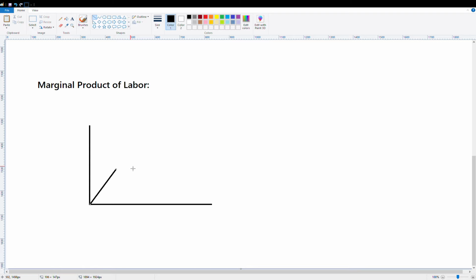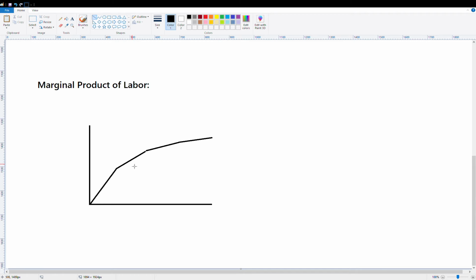If I add another person, they're going to produce a bit more, right? But it slowly diminishes as you add more workers. It won't go down, but the extra amount of output produced decreases. So that is the diminishing product of labor.